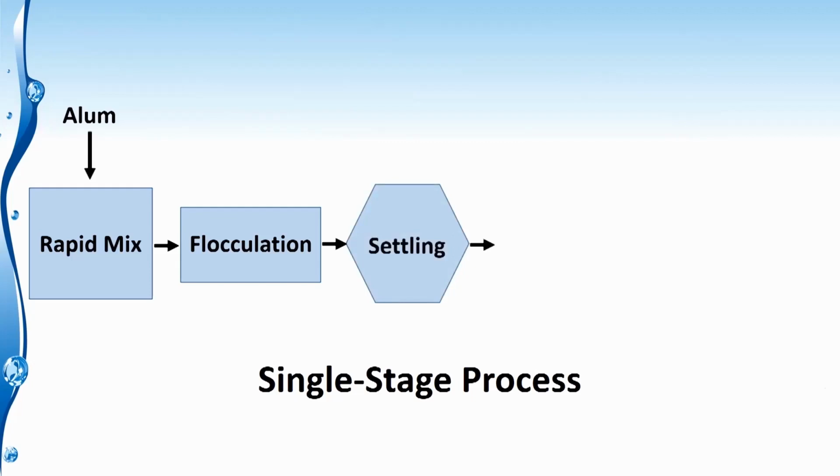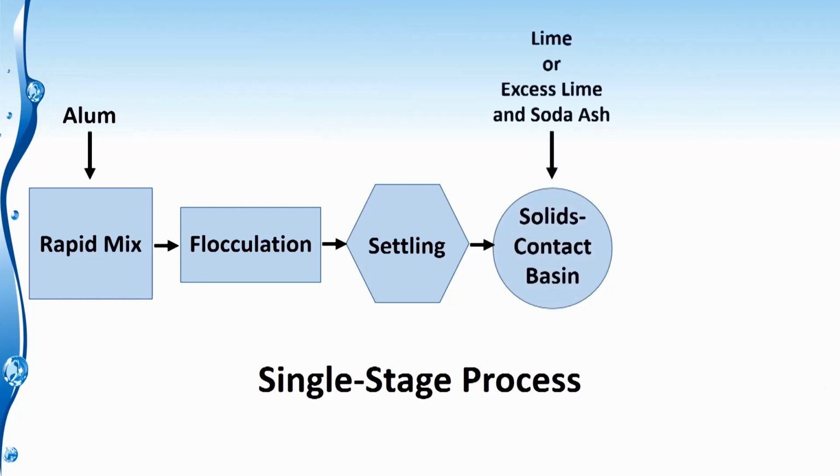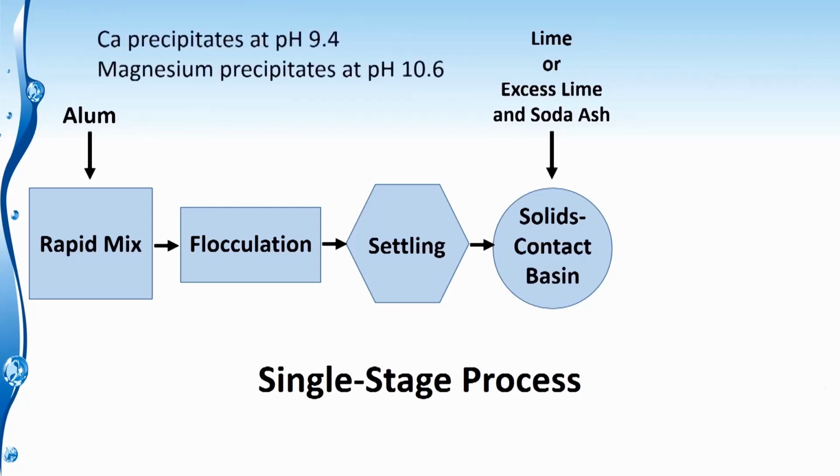It flows into a solids contact basin. And to the solids contact basin, we add either lime or excess lime and soda ash. It depends on the makeup of the water and what we're trying to accomplish. Well, calcium begins to precipitate out at a pH of 9.4.